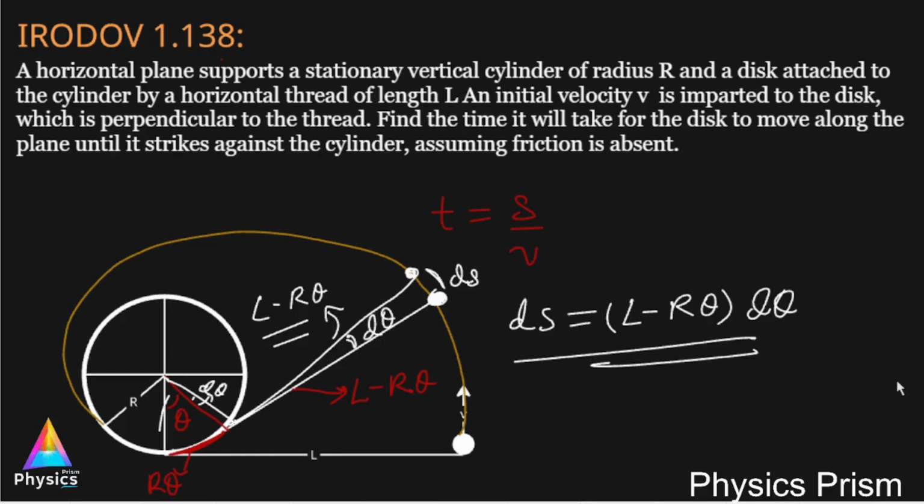See, at t equals 0, that is s equals 0, we know that theta was also 0. When was that? Well, when the disk was over here, the theta that it made with respect to this line was 0. Yes, I agree. What more?